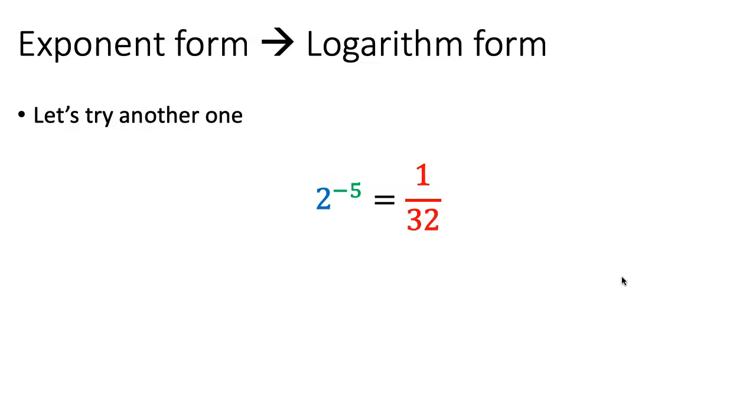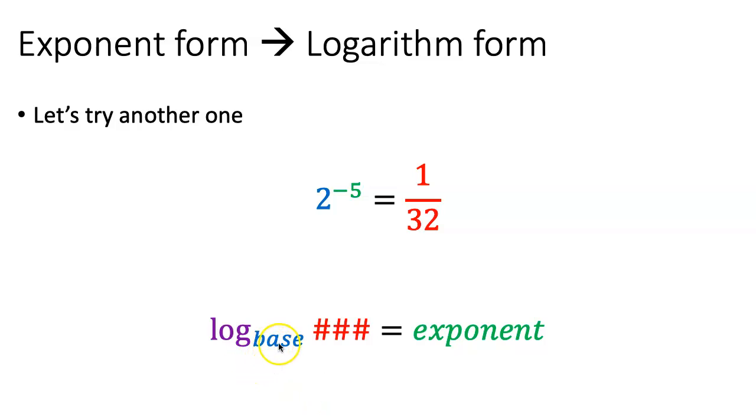Let's try another one. Ooh, we got a negative exponent and a fraction, which is not a surprise because 2 to the negative 5th power is 1 over 32. The negative exponent pushes us across the fraction bar, and 2 to the 5th power is 32. But we want to write this as a logarithm. Here's our pattern. The base goes down here. The output of a logarithm is an exponent, and then what the base to the exponent power equals goes there.